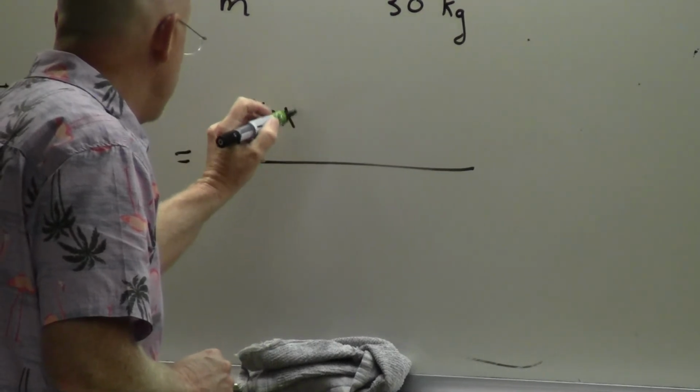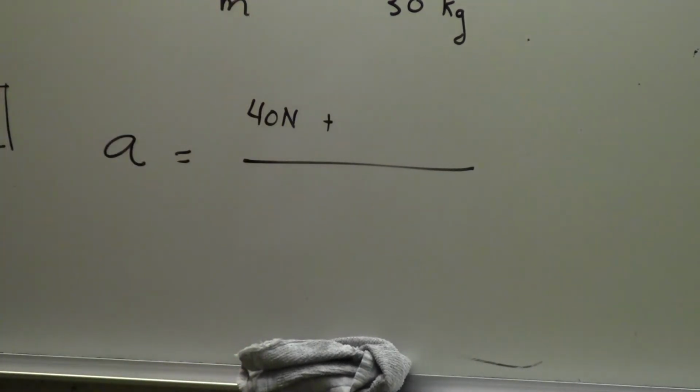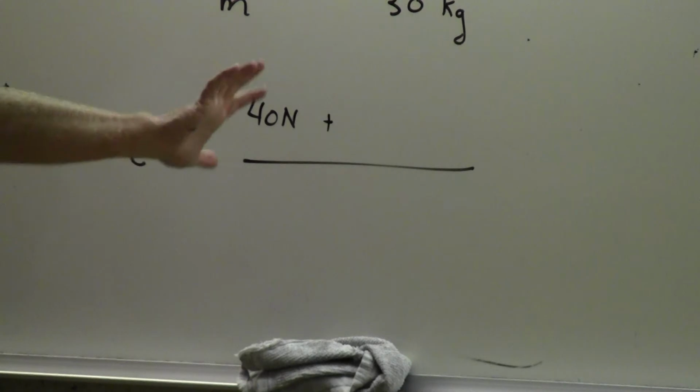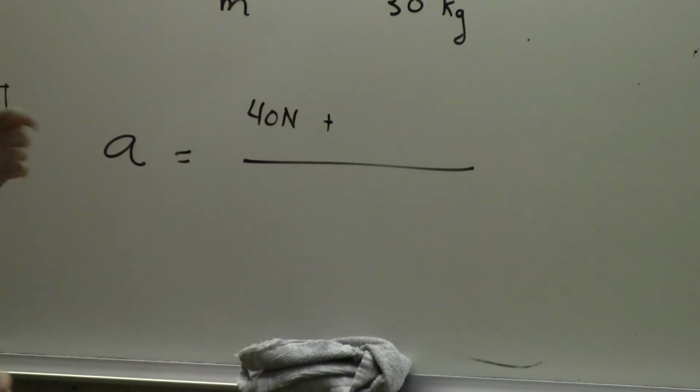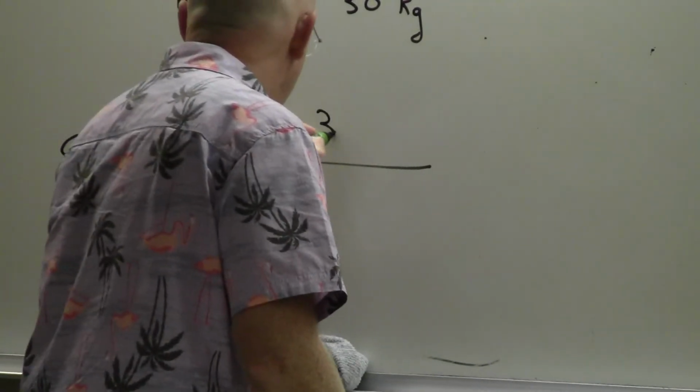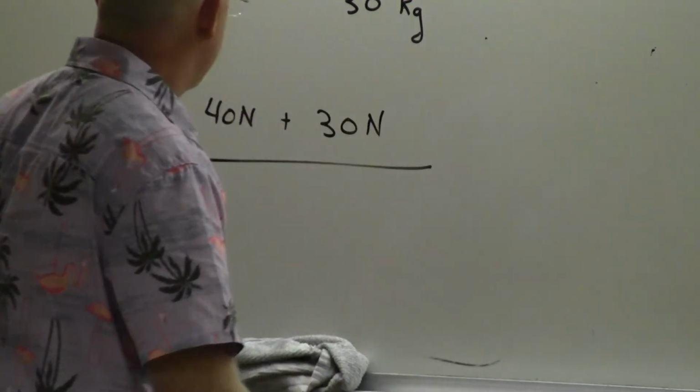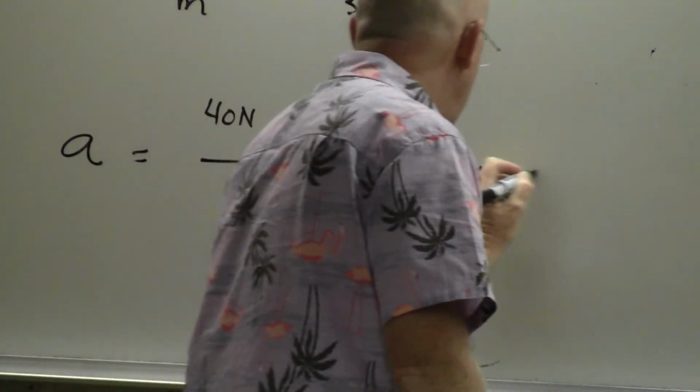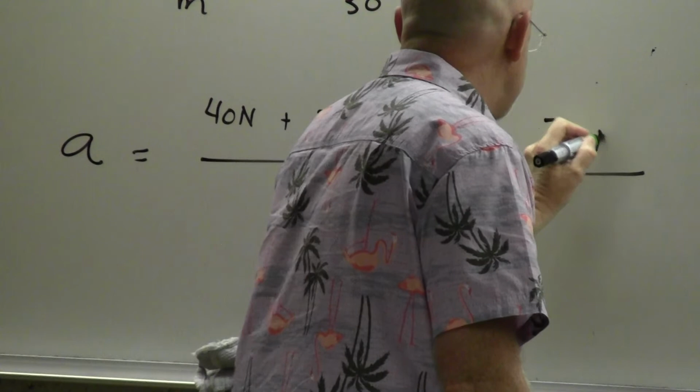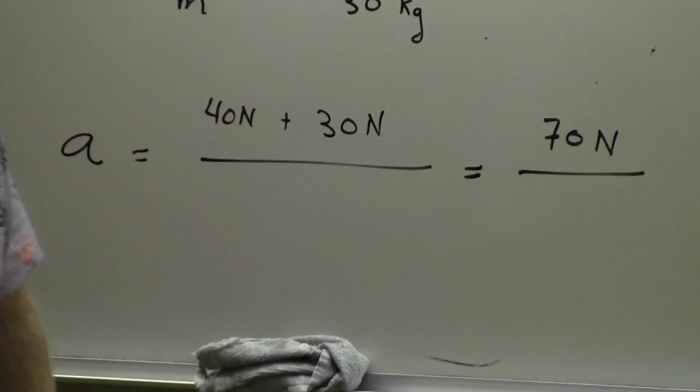but if I have 2 of them, I would say, okay, my first force is 40 newtons. That's the force for me, so it's a positive 40 newtons, it's to the right. And the other force is also a positive 30. And so I would have a net force of 70 newtons.